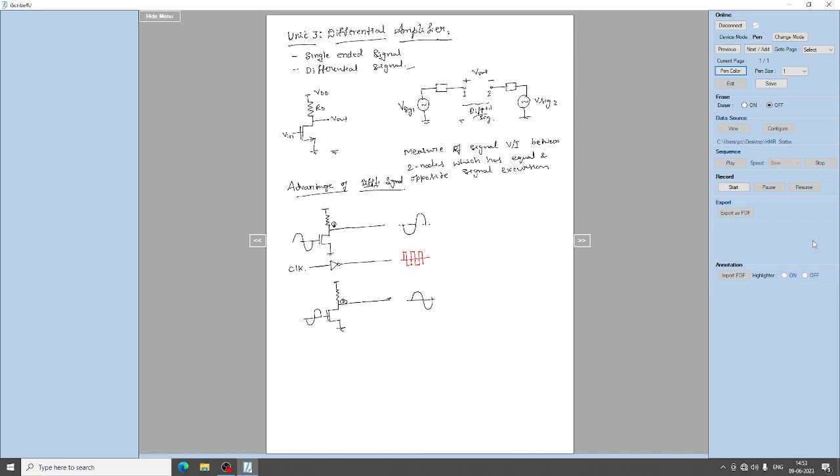So if you have two signals connected like this, and the very high frequency signal, if we have these types of signals inside an integrated circuit, what happens?